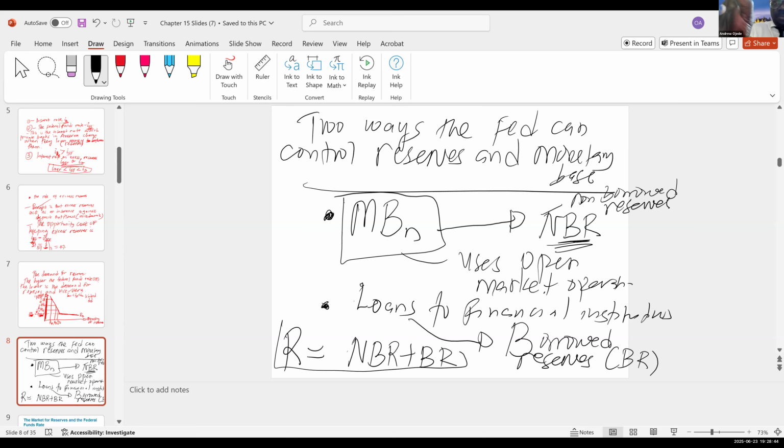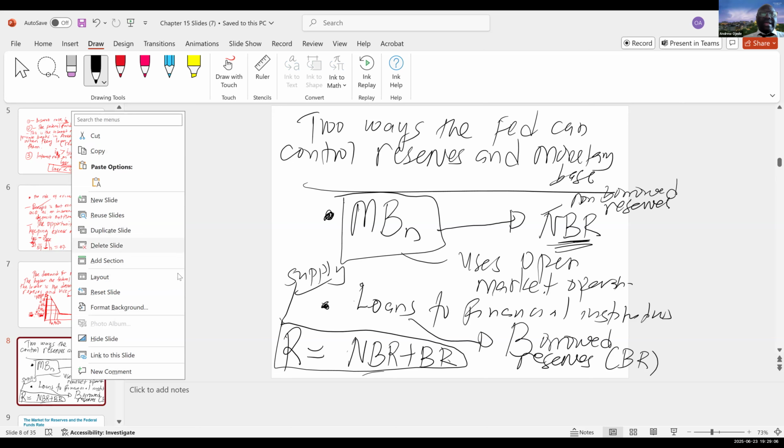So the supply of reserves in the banking system consists of non-borrowed reserves and borrowed reserves, and both are influenced by the Federal Reserve. Now let's draw and see what the supply curve looks like for banks.